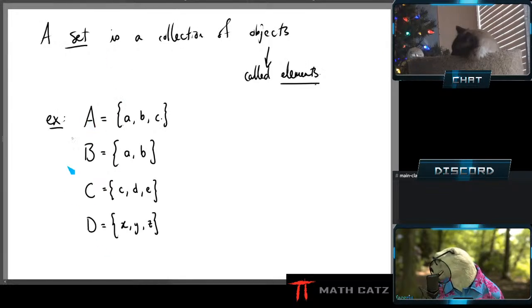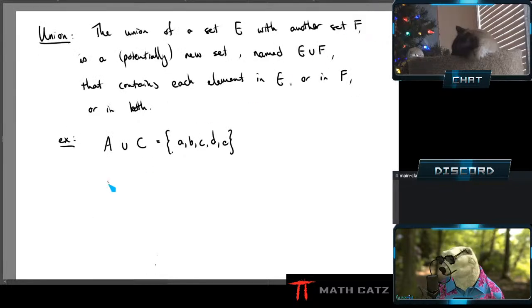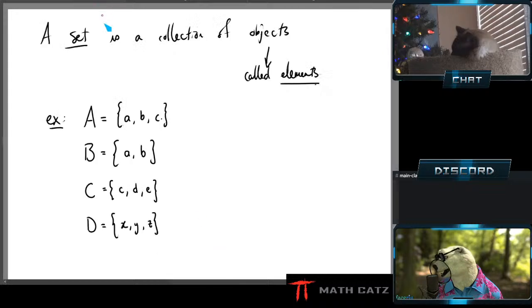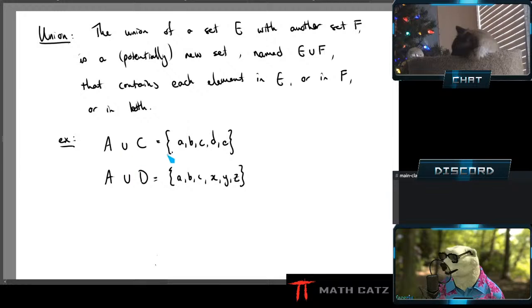Sometimes there might be no overlap. A with D, A union D. Well, set A contributes some letters. Set D contributes some letters. No overlap at all. So even though the originals contain 3 letters each, you see the union might contain 6 or might contain 5. It really depends on what they are.